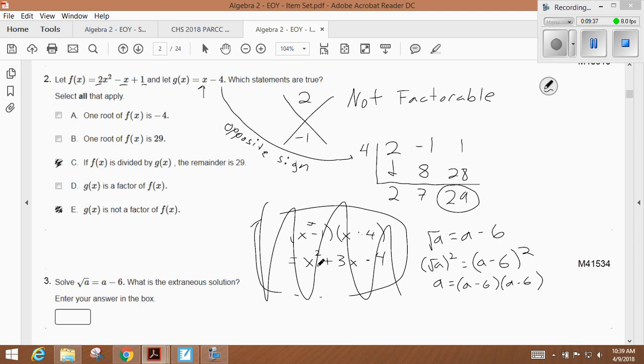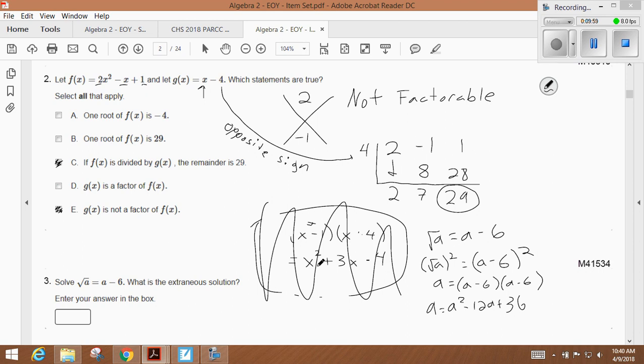Okay. Now we will multiply this out. I get a squared. A times negative 6 plus a times negative 6 is negative 12a, right? And then negative 6 times negative 6 is 36. I am unfortunately running out of room here.